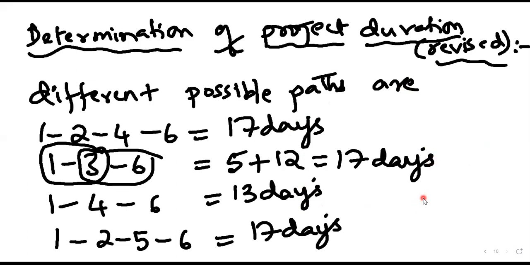Okay, so those who have completed this, determine the budget cost. The other two paths also have the same duration, that is fine. If other two paths also become critical, that is not an issue, but the previous critical path should remain critical in this cycle. So effectively, there will be three critical paths.